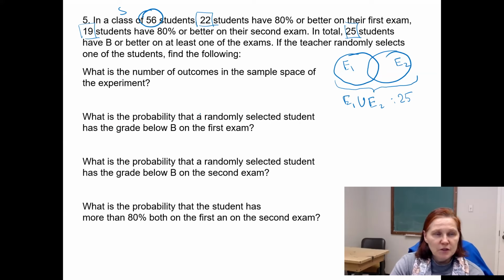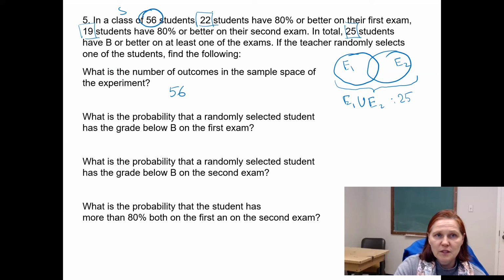So please read carefully the questions. What is the number of outcomes in the sample space? If we randomly select one of the students from the class, it is 56. What is the probability that a randomly selected student has a grade below B?